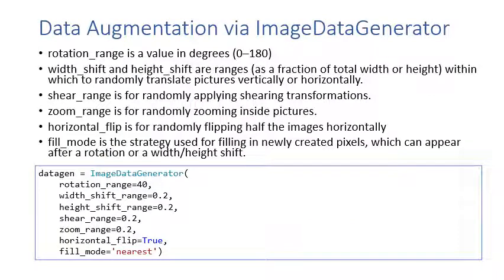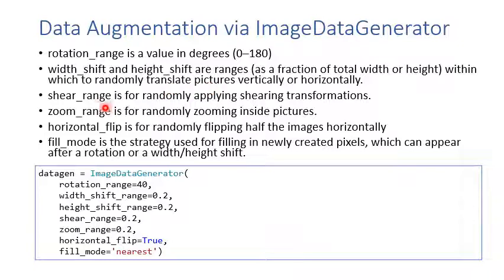Keras provides data augmentation in its ImageDataGenerator. There are a lot of parameters that we can set. For example, we can set the rotation range between 0 and 180 degrees. Also, we can define the range of width shift and height shift, which can translate pictures vertically or horizontally within a range.